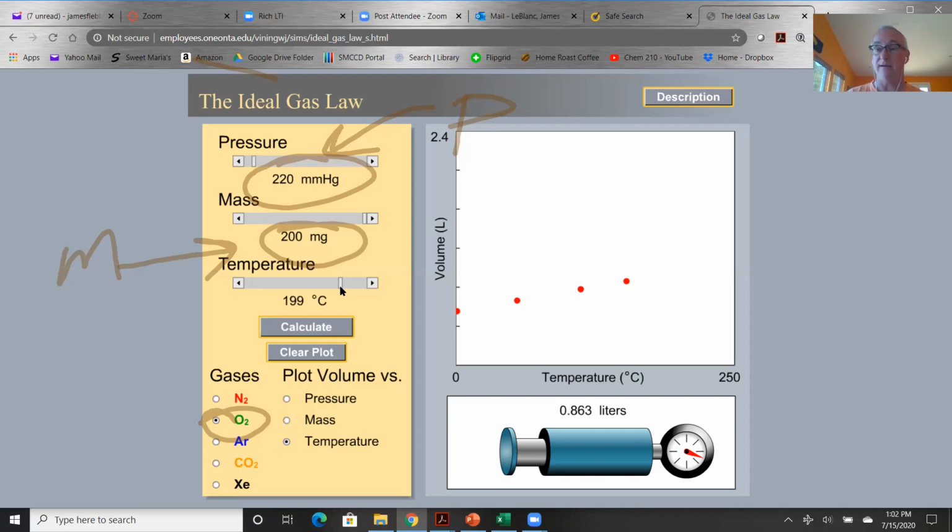Remember to hit calculate every time, or it won't give you the point. 0.956. Then 235 gives me 1.03. And then I'll just put it all the way to the end. So 250 is the max, and 250 gives me 1.06.